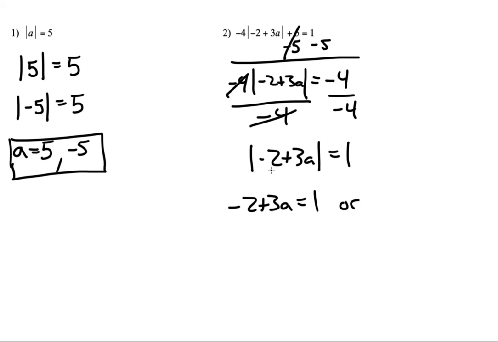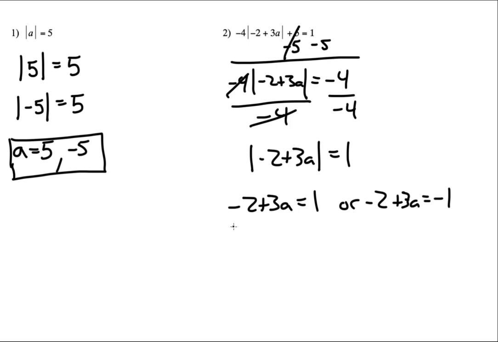Or this thing inside here, negative 2 plus 3a, could equal negative 1. Because if this whole thing equals negative 1, and I put a negative 1 inside the absolute value, that's going to equal 1. So I have to actually do two equations to solve this one.